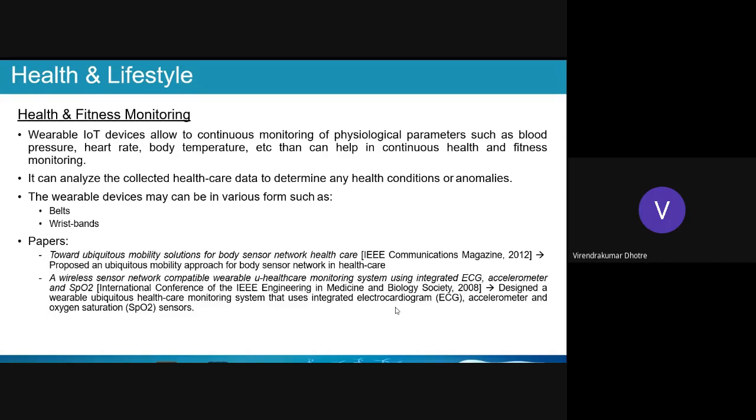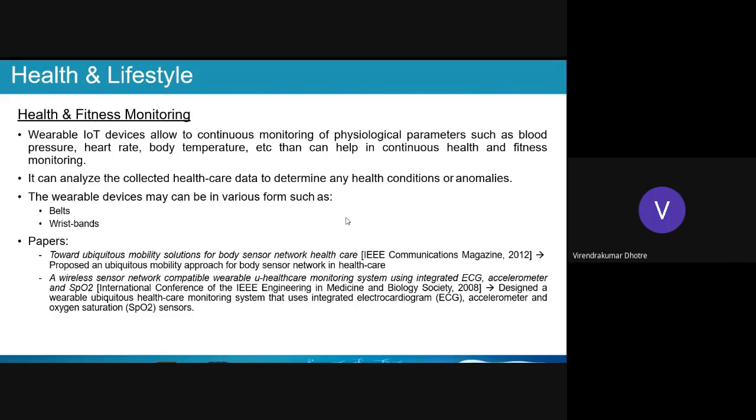We sense the operations of a body, and based on that we can collect the data, heartbeats and all the stuff, and we can improve the condition or take care of any person. So we can monitor blood pressure, heart rate, body temperature, and using this data we can take proper actions.